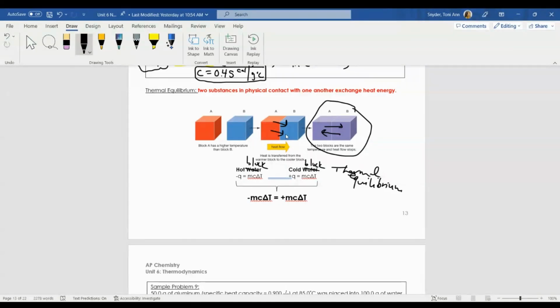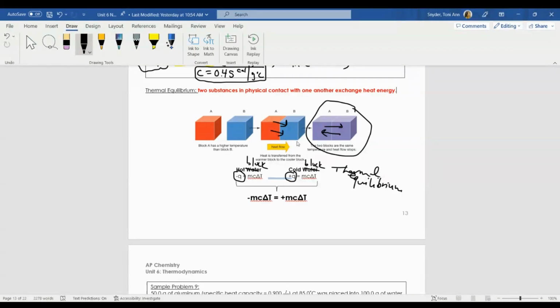So that has to be absorbing a positive value. So notice how I have positive Q and negative Q. But because it's going from A to B, and if no energy is lost, Q must be equal to Q for both of these examples. The heat that this lost is equal to the heat that this gained.